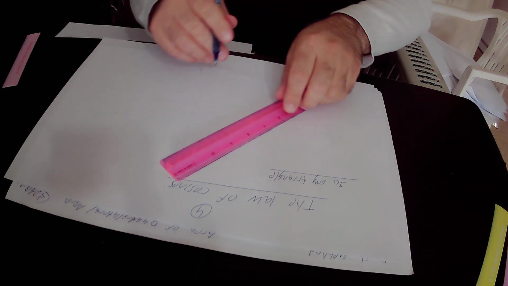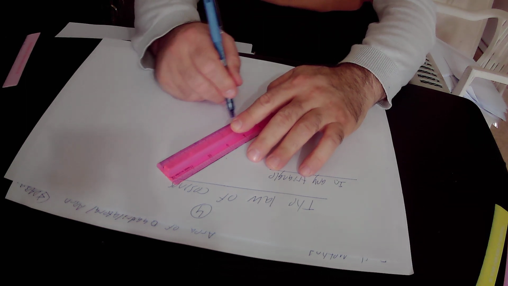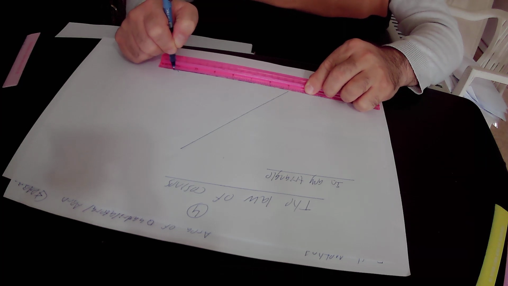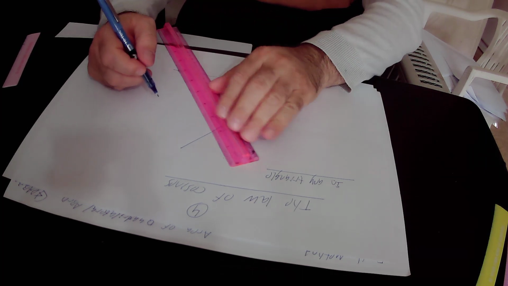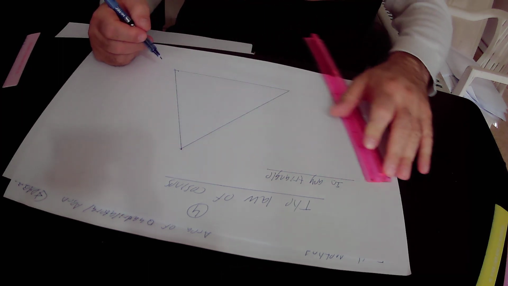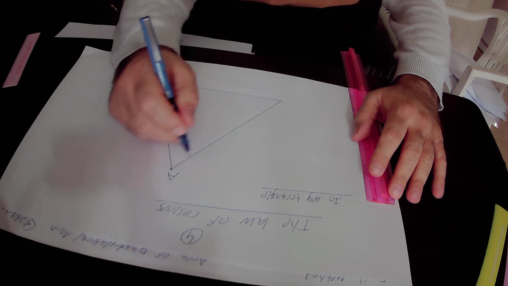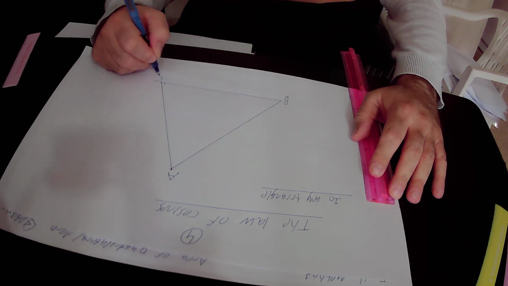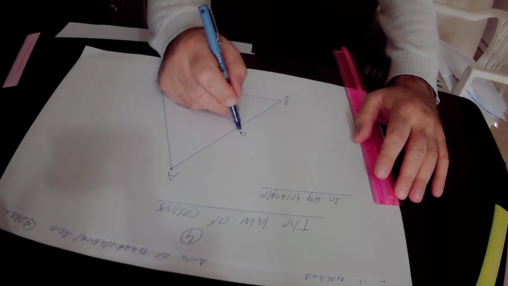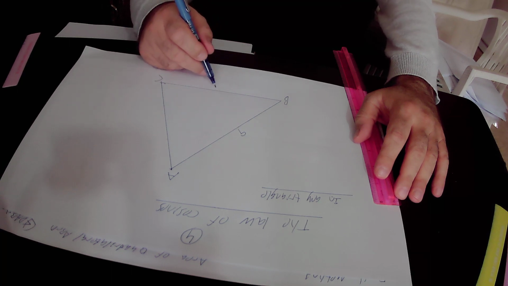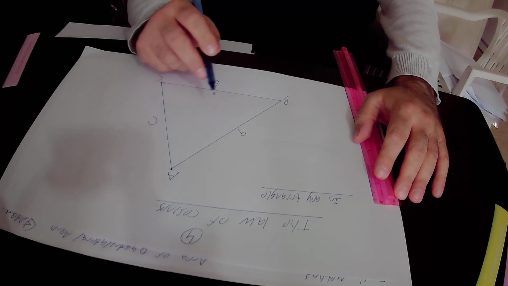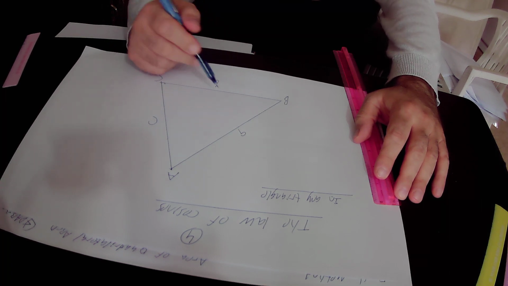If we have triangle ABC that could be any triangle, the length of side AB is A units, the length of side BC is B units, the length of side AC is C units, and the angle between side AB and side BC is theta.